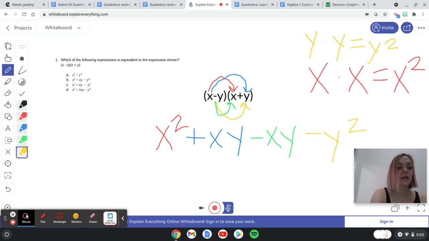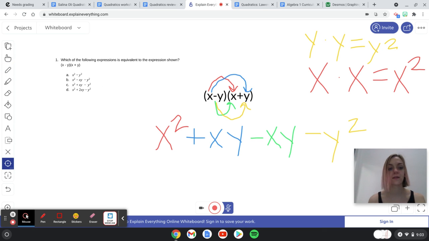Now, if I'm looking at my options, I don't see anything that looks quite like what I have right now. But there's one final step I need to take. If I have a positive xy and a negative xy, these are just going to cancel out.